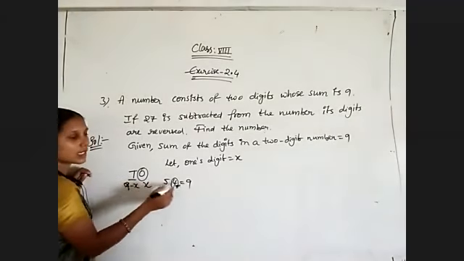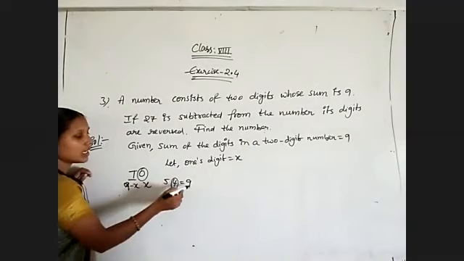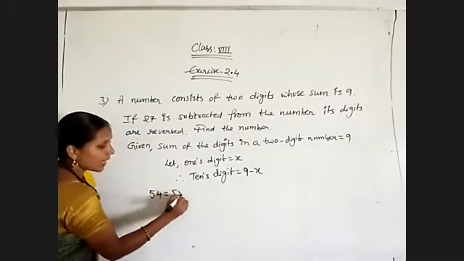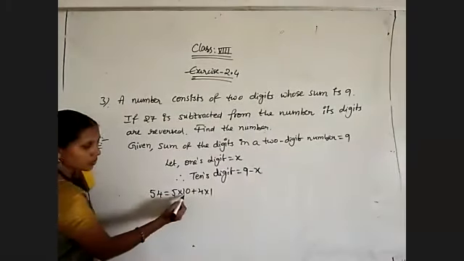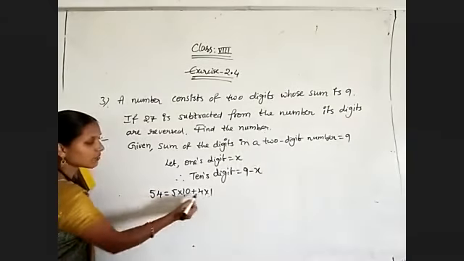What will be the tens digit? The value 54 is nothing but 5 into 10 plus 4 into 1, the expanded form. 5 is in the tens place, 4 is in the units place.